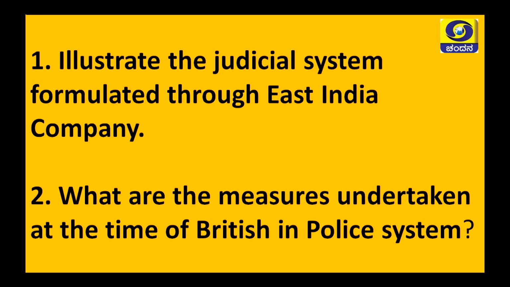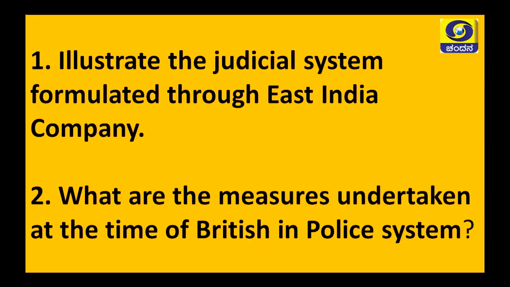Second question, children: what are the measures undertaken at the time of the British in police? Dear students, we studied already. The police system of India was introduced by Lord Cornwallis. According to the new police system, he divided every district into a number of stations, and every station was headed by a kotwal, a chief police officer.